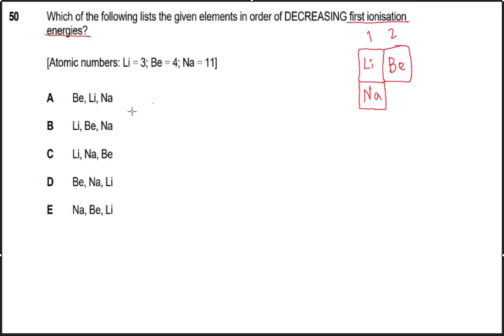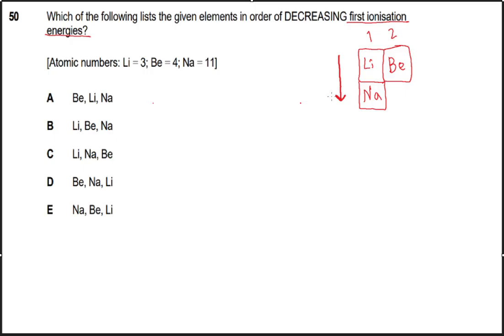Okay, so now we have this arrangement. Now we know the trend of first ionization energy. It typically decreases as we go down the group. So if we go down the group, the ionization energy decreases.